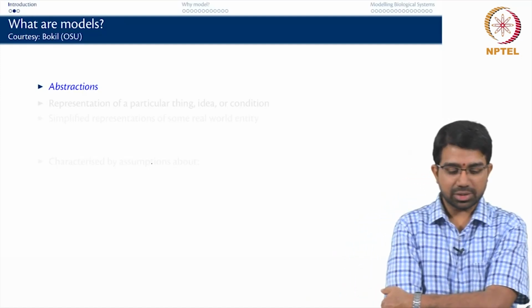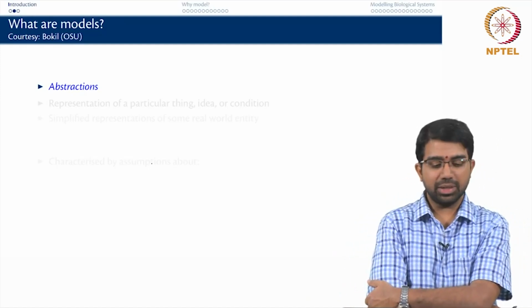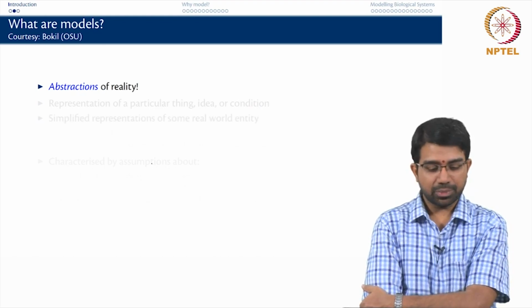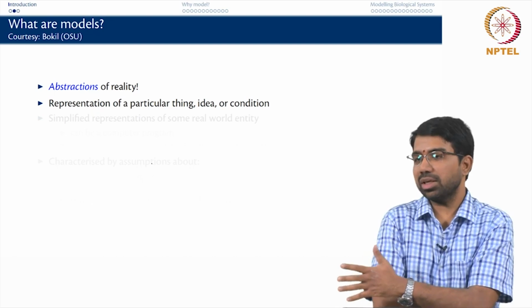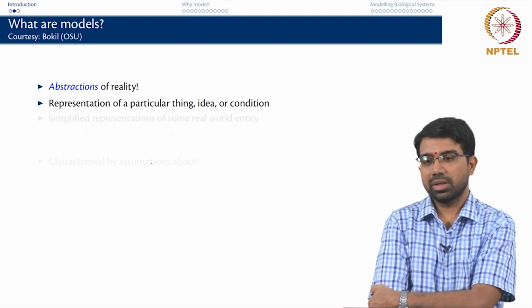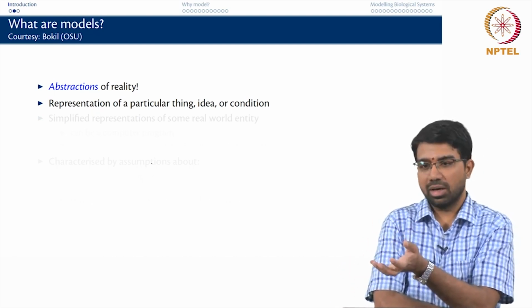abstractions of some part of reality. They are representations of a particular thing, idea or condition, and we usually talk about mathematical equations. There are other kinds of models that are possible.